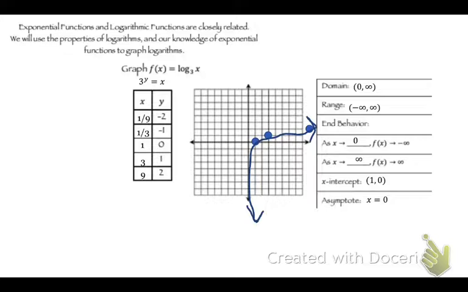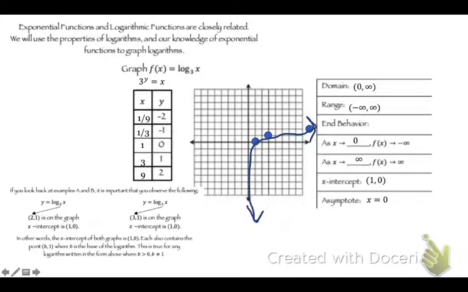So if you look back at this, log base 2 of x has the point (2, 1) on the graph, and it has an x-intercept at (1, 0). Log base 3 of x has a point (3, 1) and an x-intercept at (1, 0). So basically, the x-intercepts of both graphs are (1, 0), and they both contain the point (b, 1), where b is the base of the logarithm.